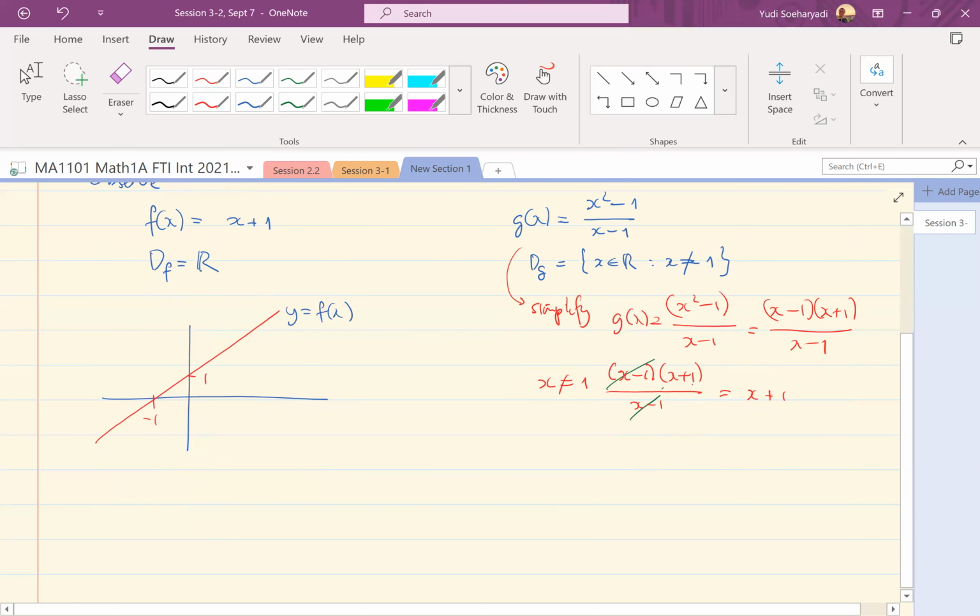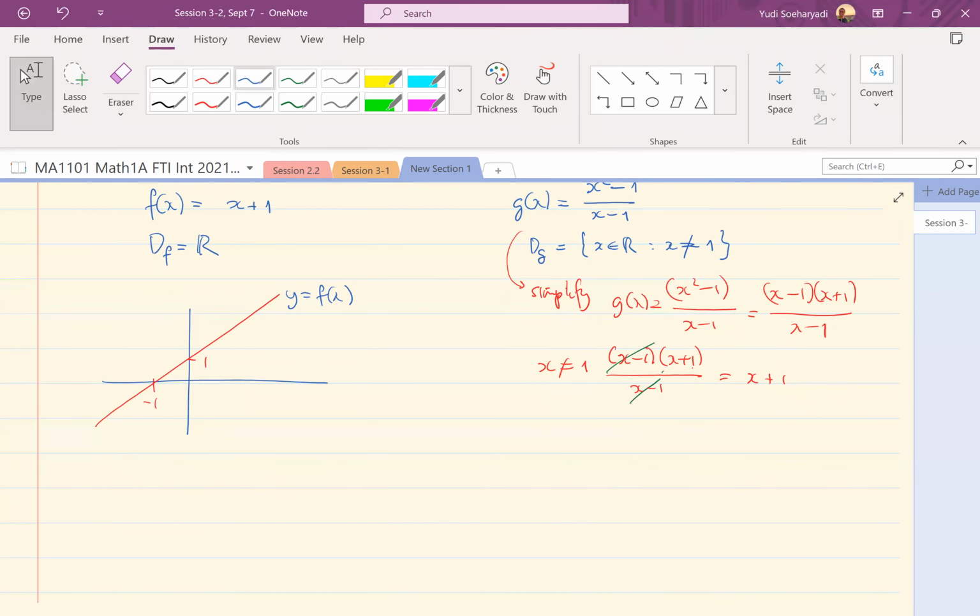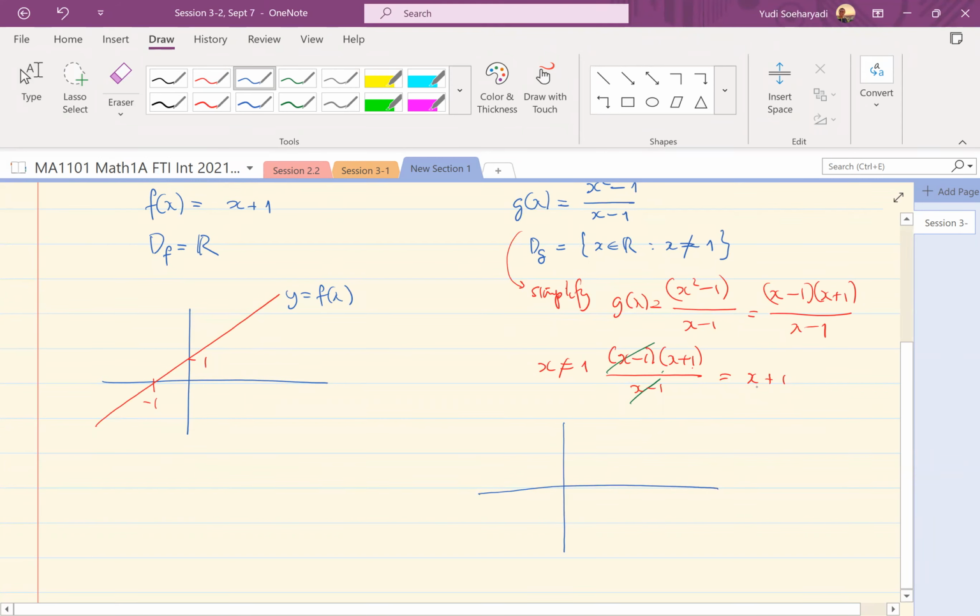Okay, and for the second one, see that's the same, except here is 1, it's not defined at 1. So here, instead, you have a hole there, right?